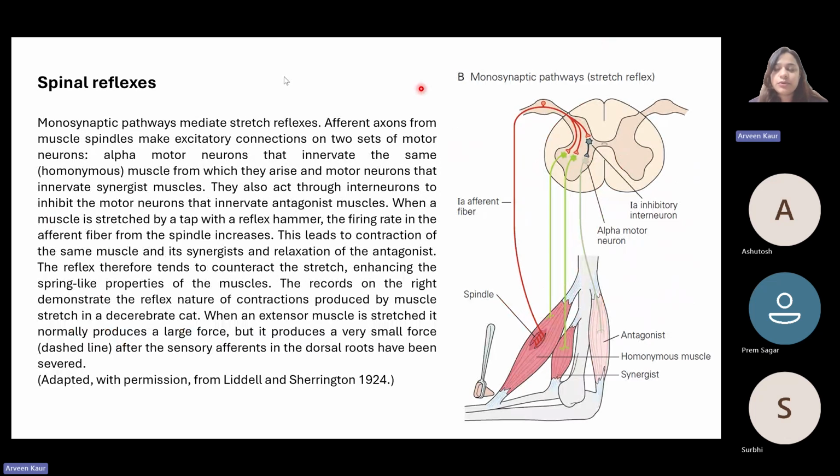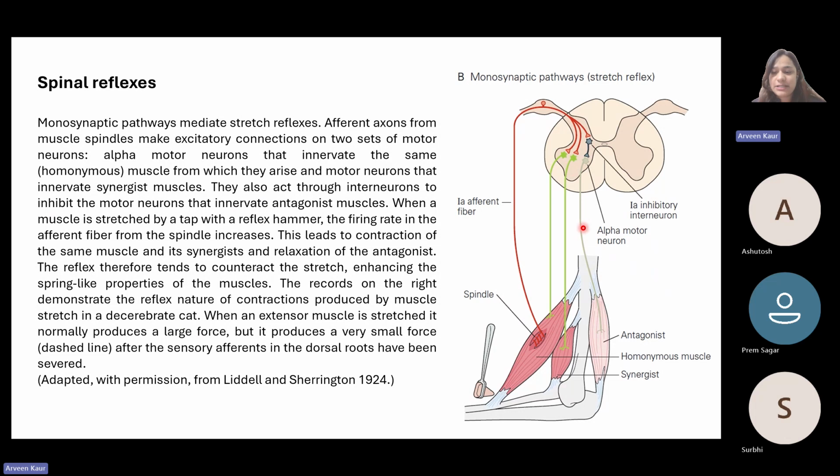Then we come to this monosynaptic pathway or the stretch reflex, right? Which is for the single side. So monosynaptic pathway mediates stretch reflexes. Afferent axons from muscle spindles make excitatory connections on two sets of motor neurons. One is the alpha motor neurons over here, which innervate the same muscle or homonymous muscle from which they arise, and the other is motor neurons that innervate synergistic muscle.